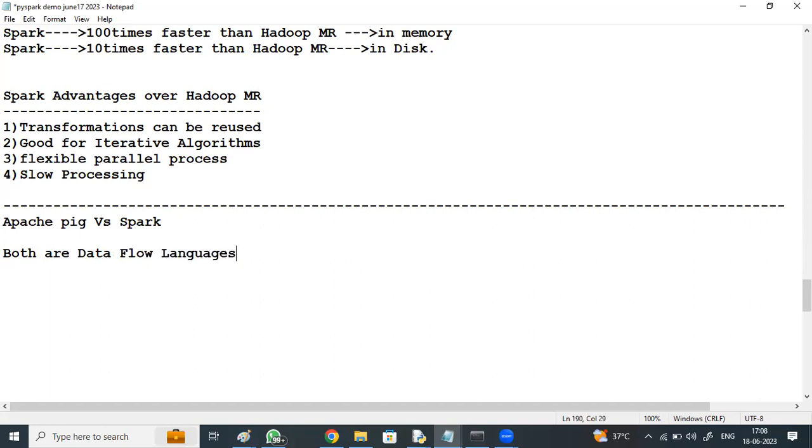One output is the input to the next flow. Pig's entire data flow is converted to one MR job, one map reduce job.